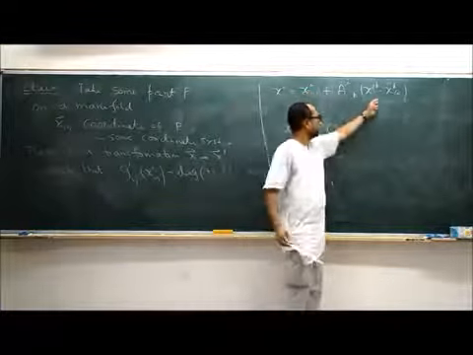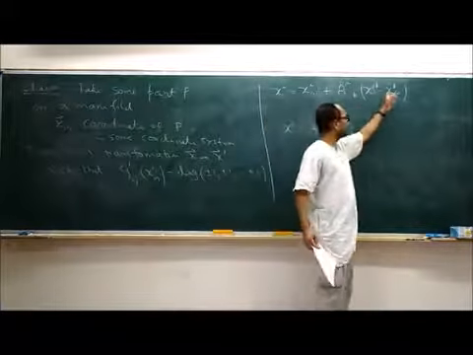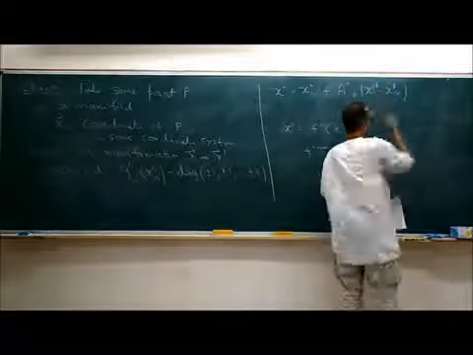Then the second term is the first derivative of this function multiplied by x prime_k minus x prime_k naught.